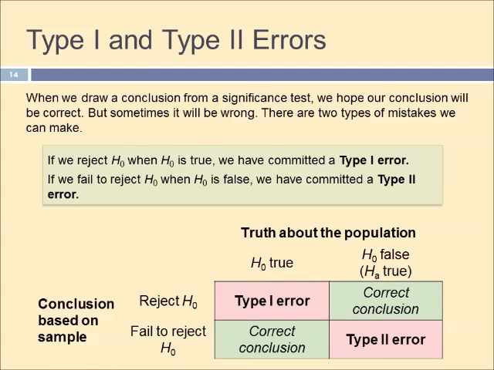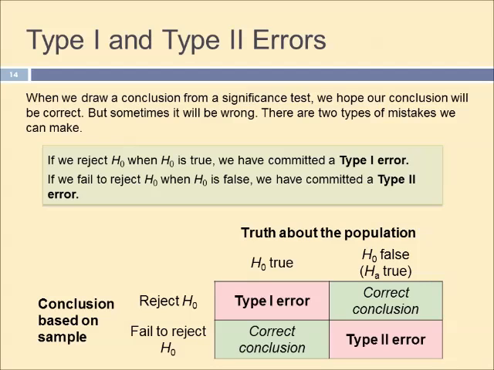We can look at the possible outcomes here. There are 4 possible outcomes. So we have 2 possibilities for the conclusion. Based on the sample, we either reject the null hypothesis or fail to reject it. And there are 2 possible truths for the population.